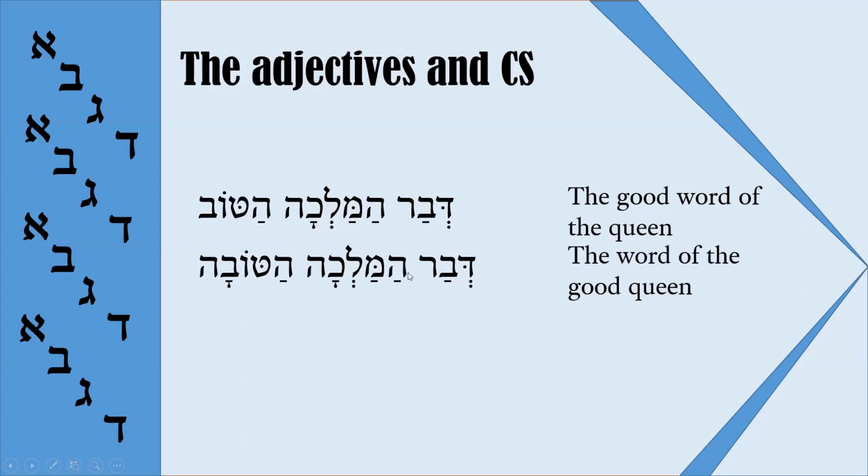But in the second example, we have devar hamalka hatova. In this case, hatova refers to malka because both of them are feminine and devar is masculine. So tova cannot refer to devar. In this case, we need to translate it the word of the good queen, or the good queen's word.